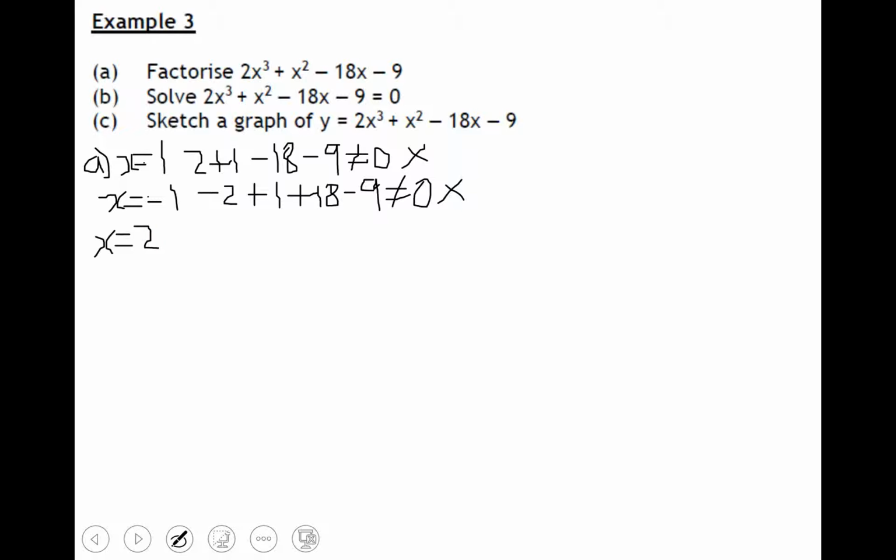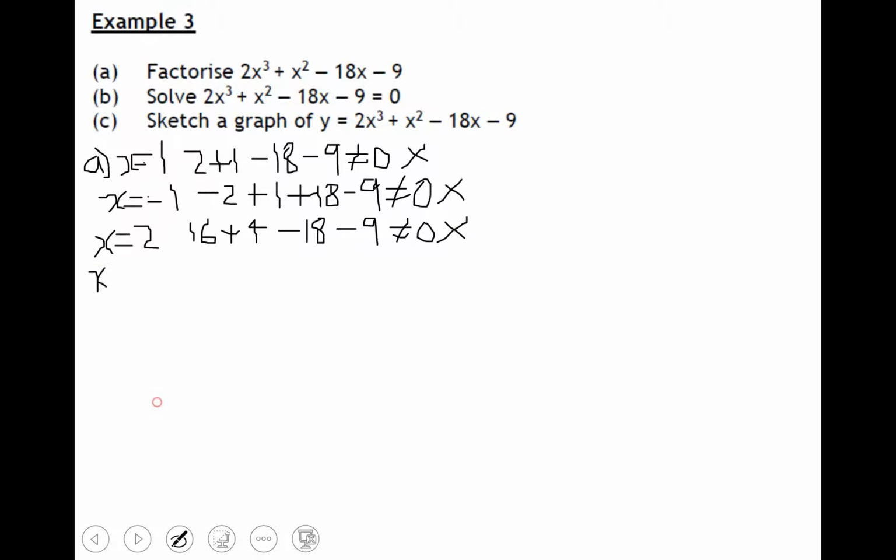Try x equals 2. We get 16 plus 4 minus 18 minus 9. Doesn't equal 0.